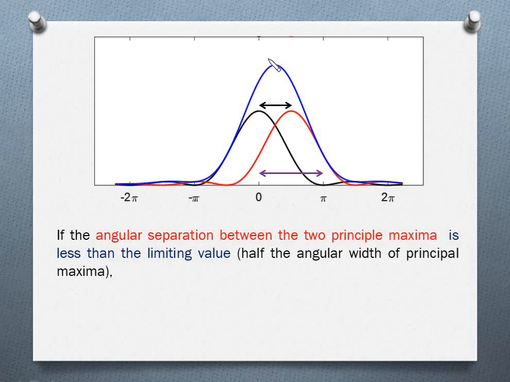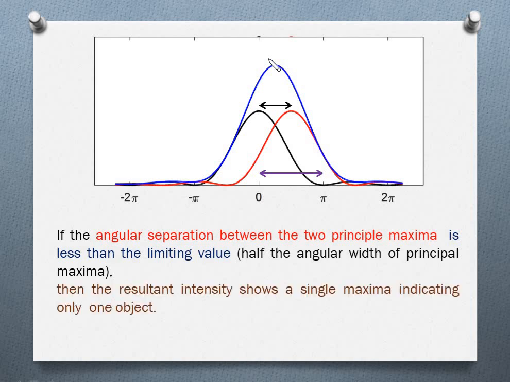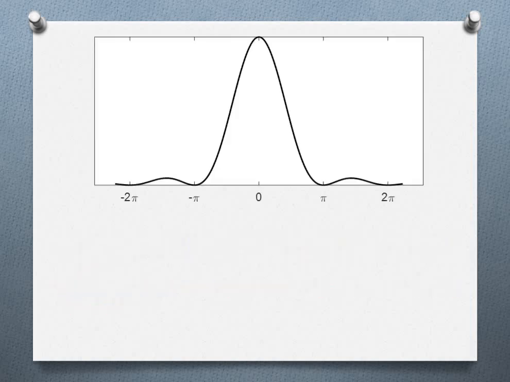Now in another case, suppose the distance between them is such that this is the diffraction pattern of one object and this is the diffraction pattern of another object. Here you can see that the principal maxima of the second one coincides with the first minima of the first diffraction pattern. So it satisfies the Rayleigh criterion, which means the optical instrument is able to resolve these two objects.